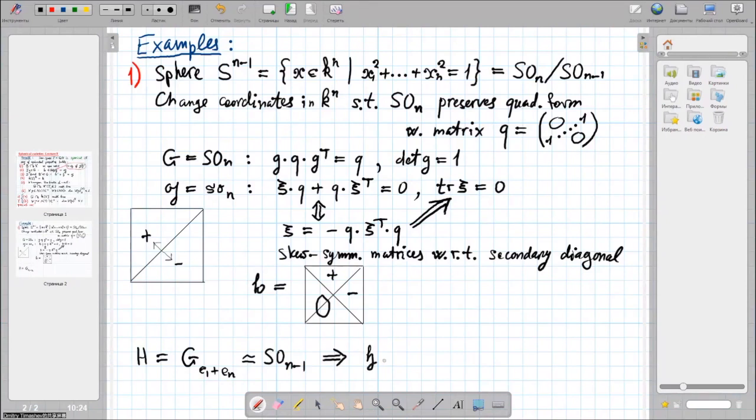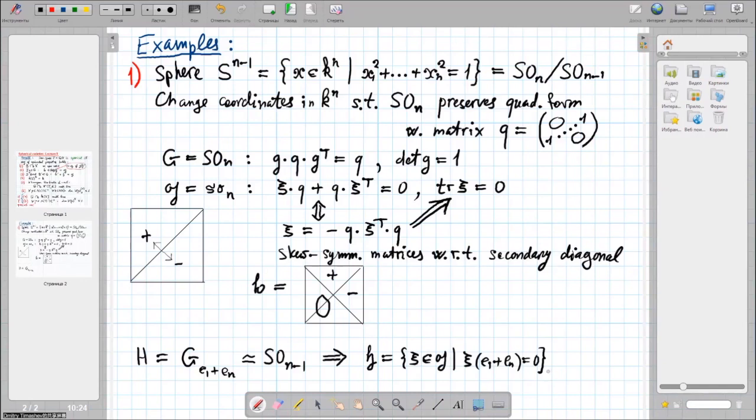So the Lie algebra of H consists of those matrices in the Lie algebra of G which annihilate the vector e_1 plus e_n. This is the equation.